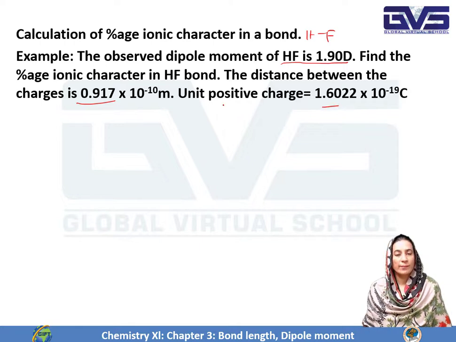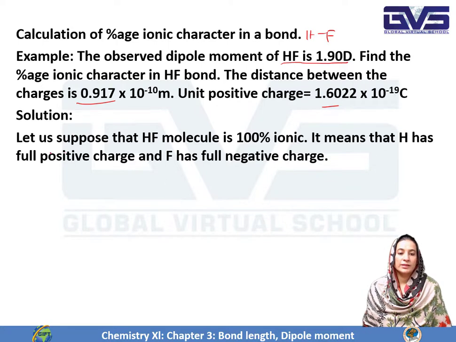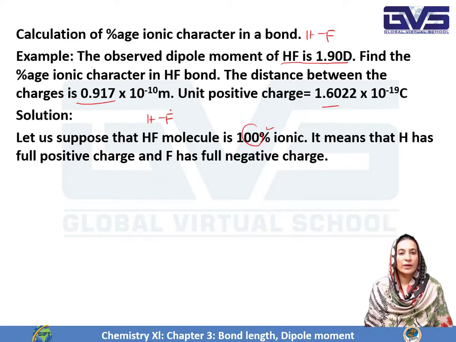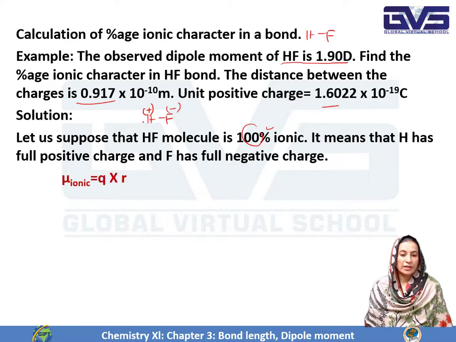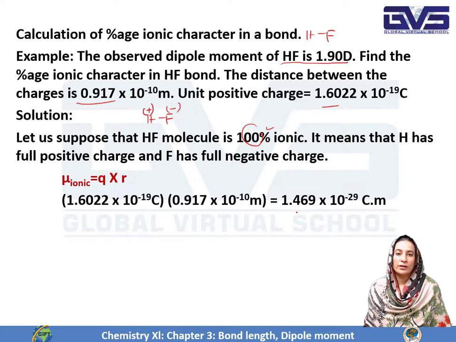So just apply the dipole moment formula, Q into R, and we suppose HF is completely 100% ionic. Fluorine has a fully negative charge and hydrogen has a fully positive charge, and the formula is charge into R. Charge is given, distance is also given, so multiply these and you can find the calculated dipole moment.